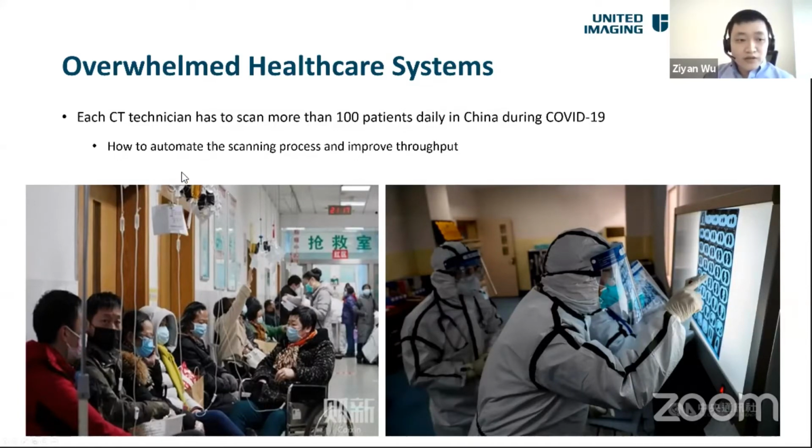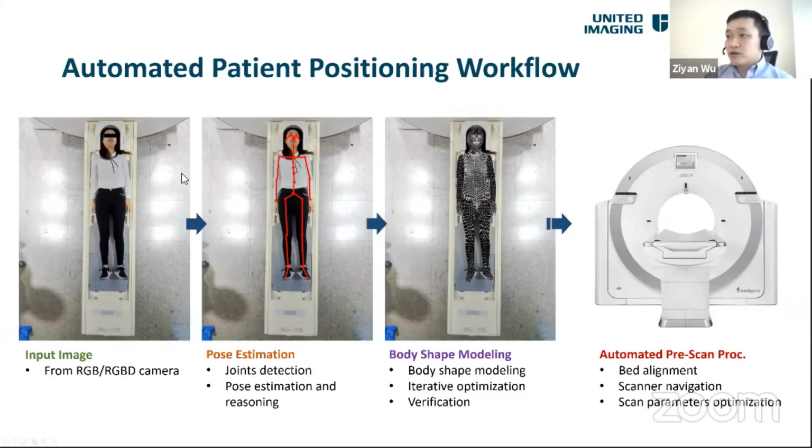One solution we propose to these questions is an automated patient positioning workflow. The workflow we have in mind looks like this. Imagine we have a smart camera mounted on the ceiling of the scan room, which can take RGB or RGB plus depth multimodality data of the patient.